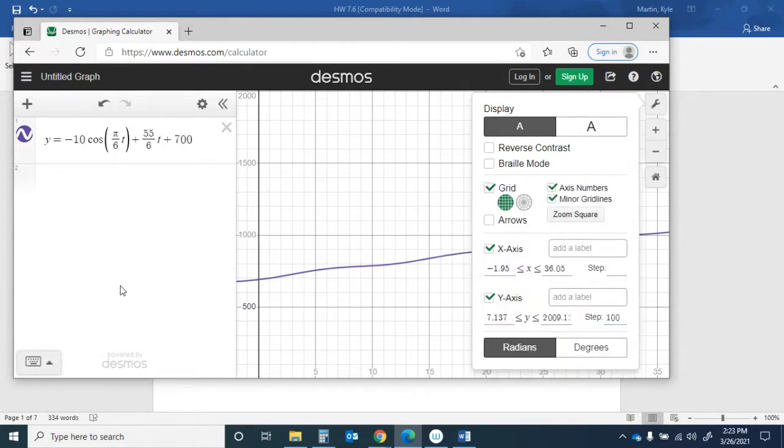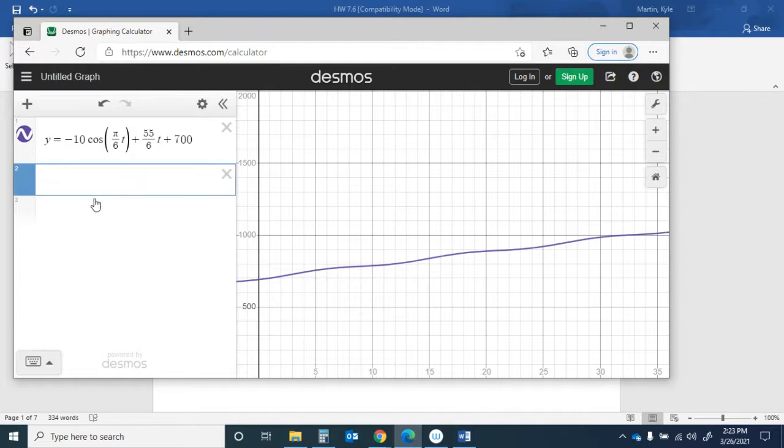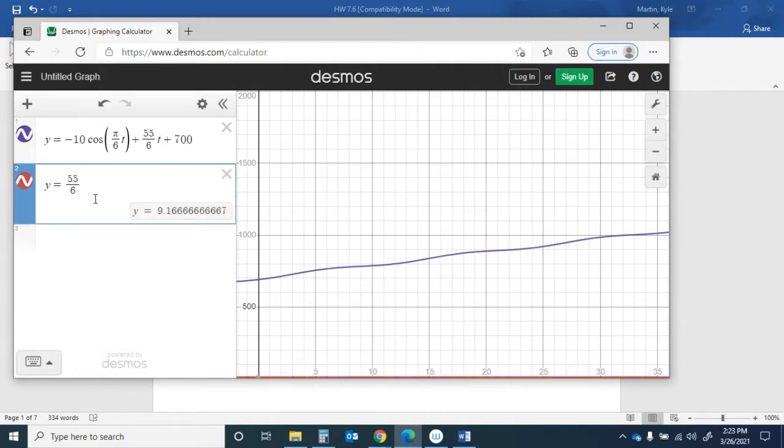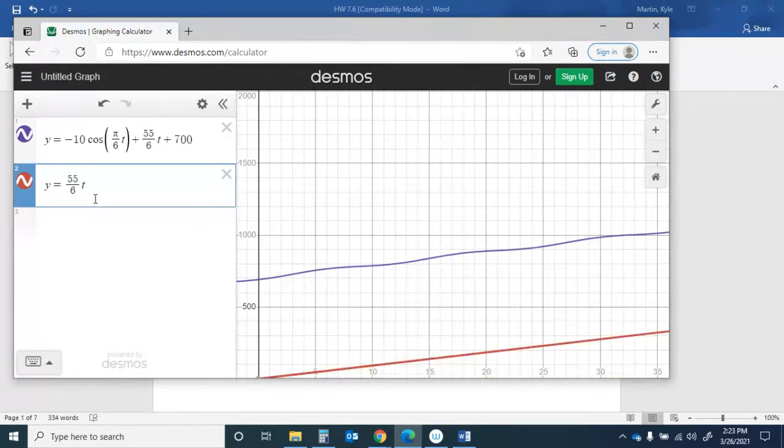That's cool. All right, let's graph the midline in there so you can see that. We'll graph it dotted so you don't get confused. It's not really part of the graph. It's just a characteristic of the graph.